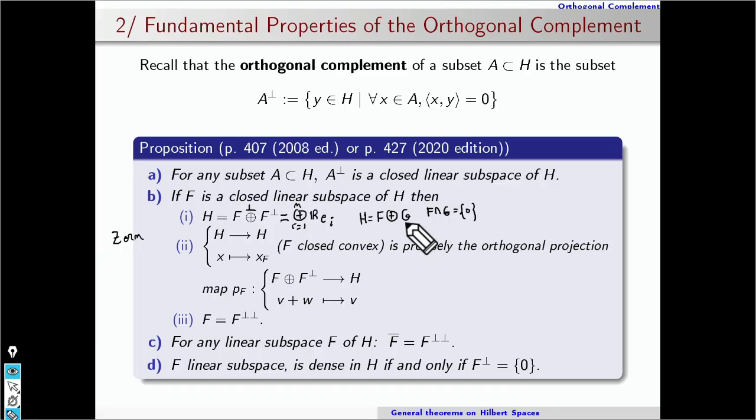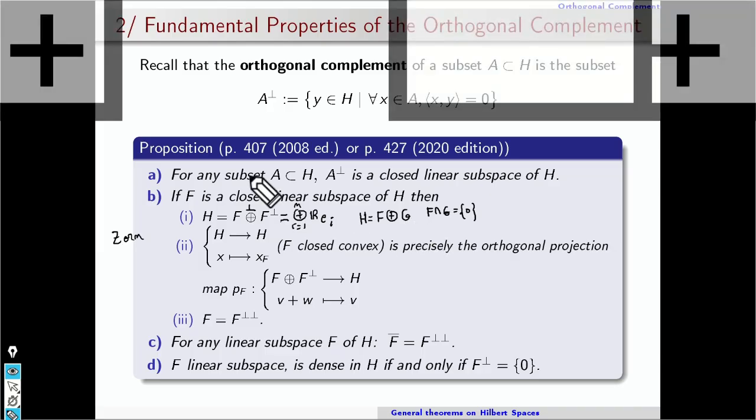But one cannot require that G be orthogonal to F. And in fact, we see that when F is not closed, F closure contains elements in F closure minus F. This is not a vector space, it doesn't contain 0, and if you take an element in F closure minus F, and you add to it an element in F, you obtain again another element in F closure minus F. So what it means is that you can take a linear combination of elements in here which are back into F.